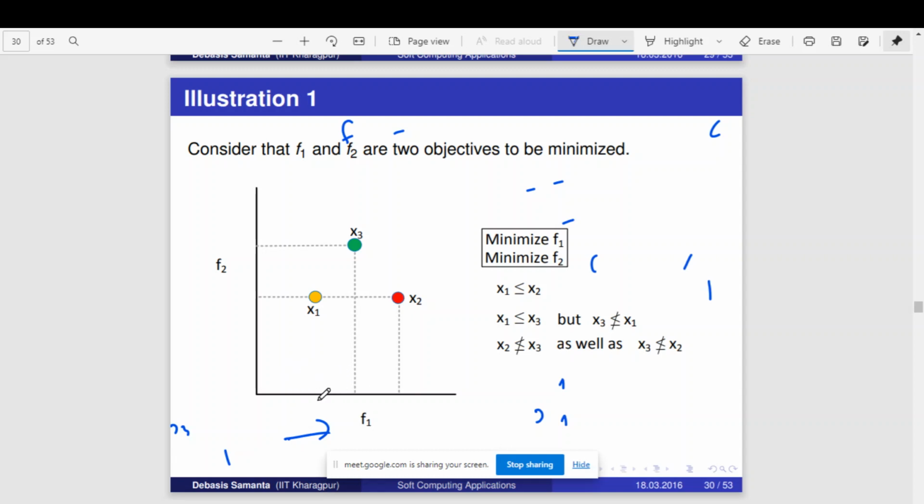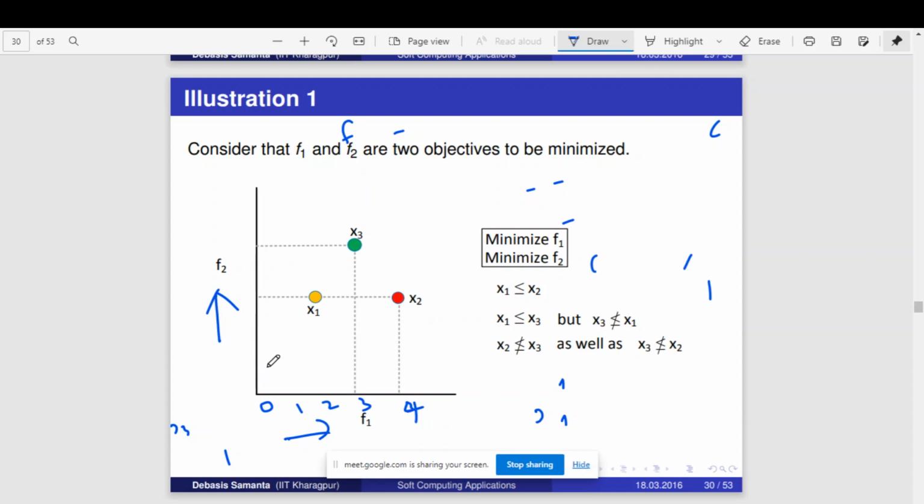Left or right? Minimize, when you reduce this value. Left, it will come left. This is the x-axis, right? This is 0, 1, 2, it is going like this. So when you decrease, it will move towards the left end, right? When you decrease f2, the point will move where? This is y, it will come down, right?